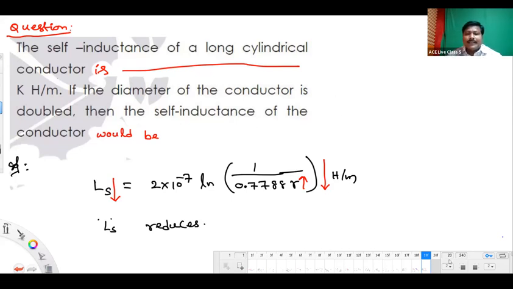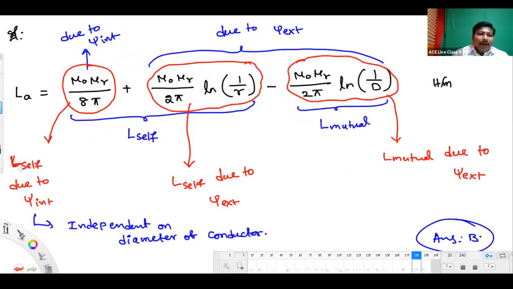Next thing. The question again here is, why is this self-inductance due to internal linkages independent of the diameter? Anybody tell me, what is the reason for this?